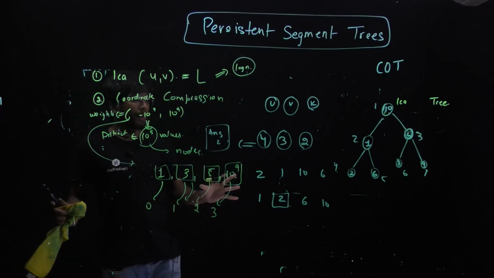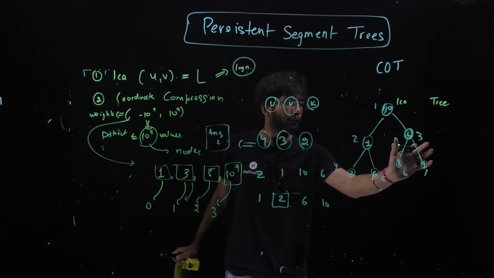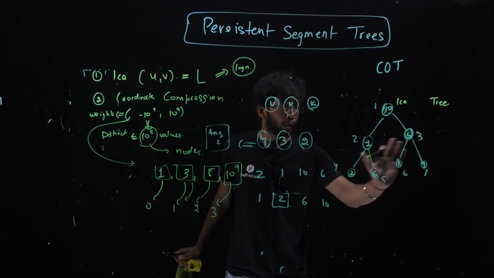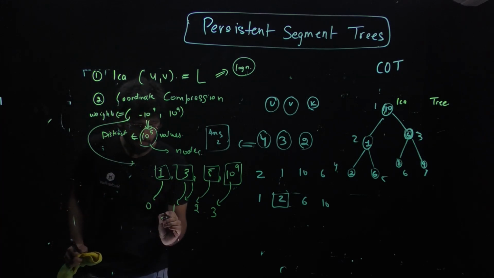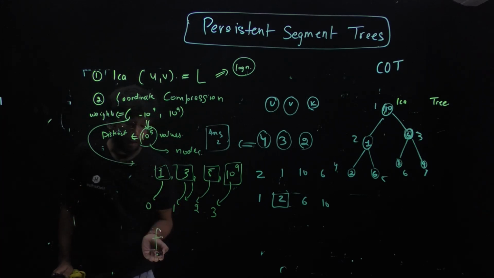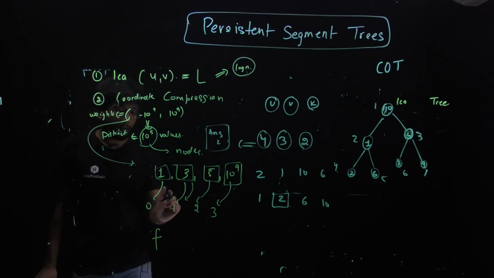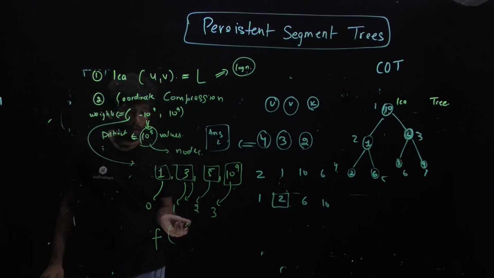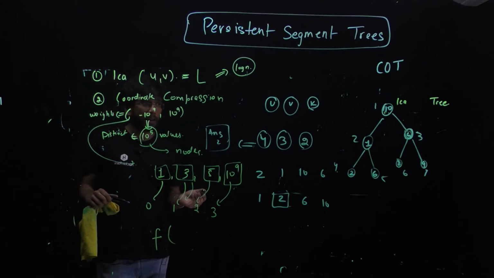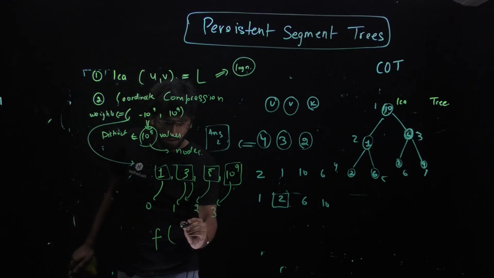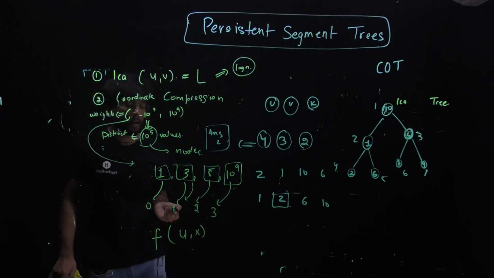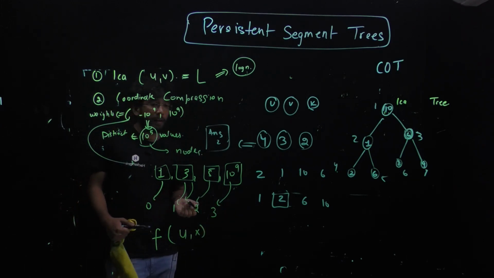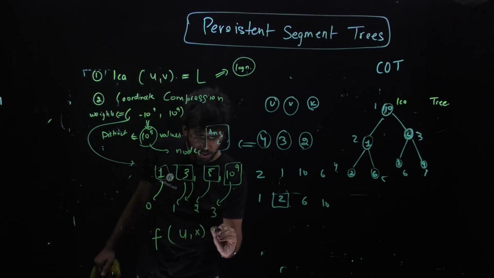Let's assume that I have all the elements from node U to node V. So I need to create some function f which gives me the number of elements that are less than or equal to x maybe.